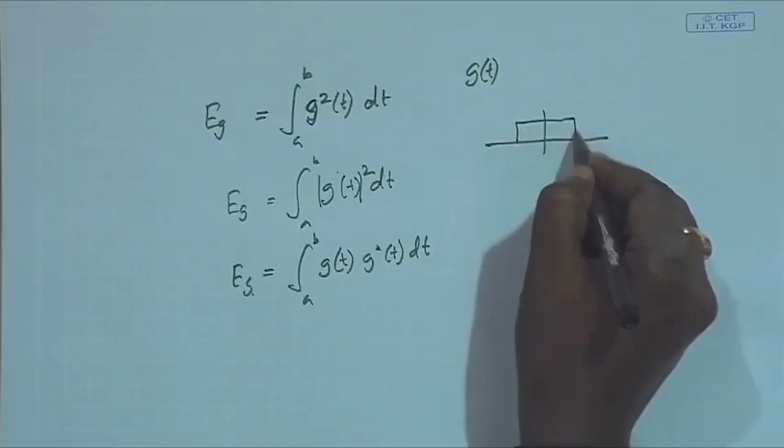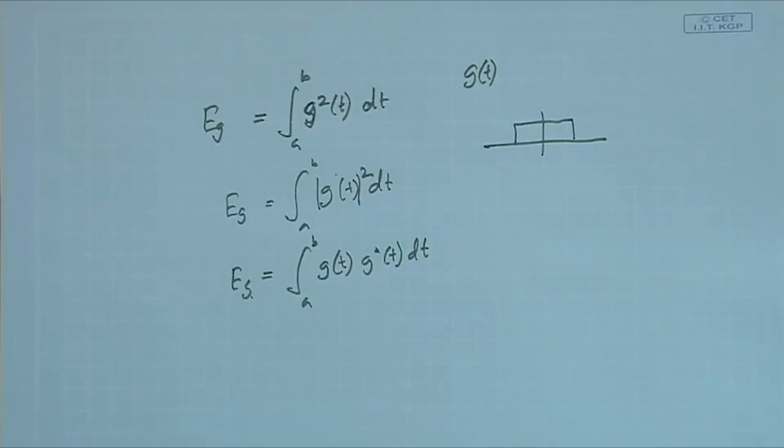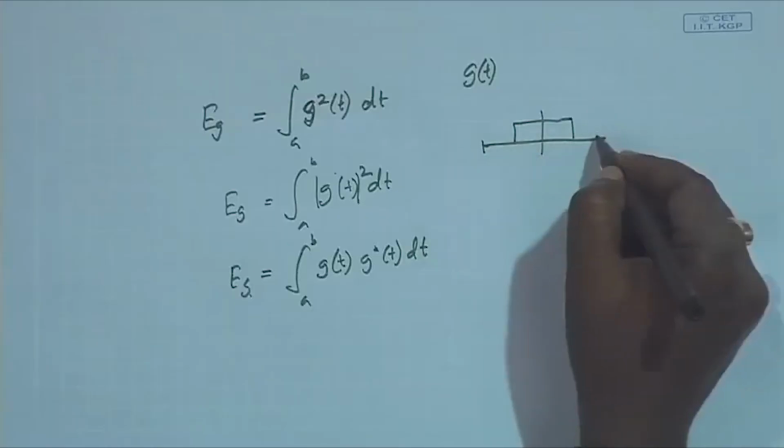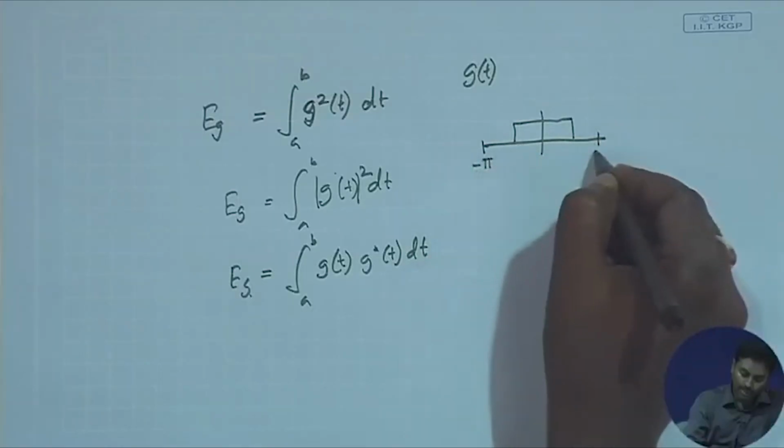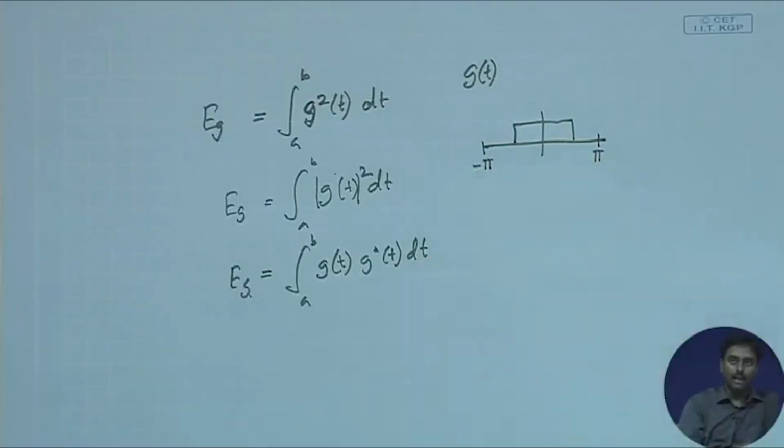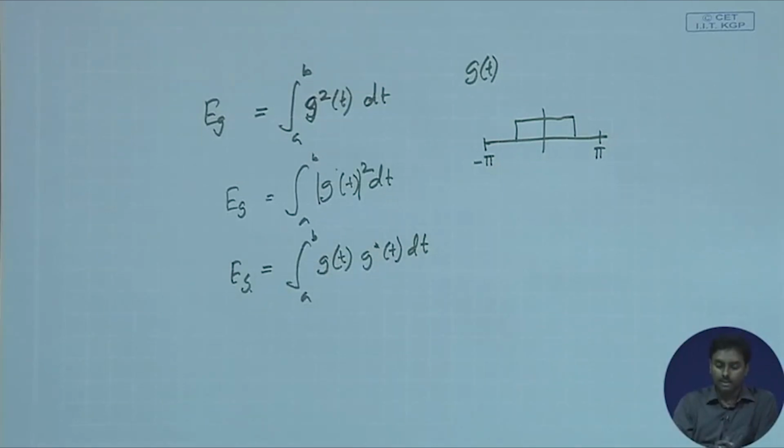Remember, it is a periodic signal, and we have already talked about how a periodic signal becomes a power signal, so the definition of energy is not there. But if we take the definition from minus pi to pi, then it is an energy signal, and within this we can still define its energy. So, to calculate the energy, you can just integrate g squared from minus pi to pi.